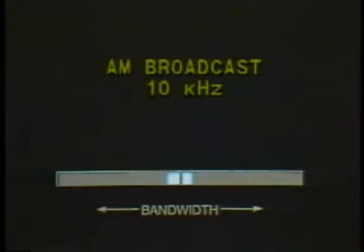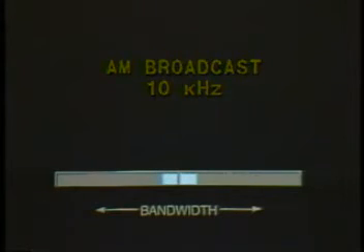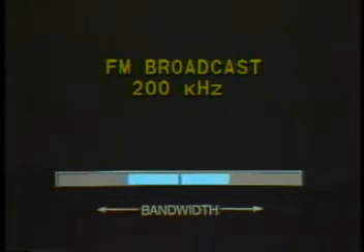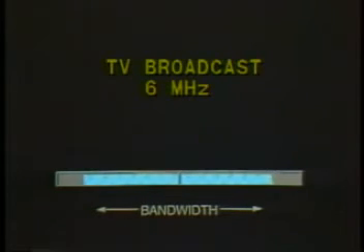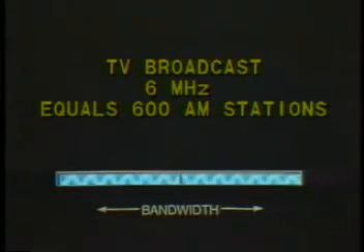AM broadcast radio requires about 10 kilohertz of bandwidth for the information transmitted by each of its stations, while an FM stereo broadcast containing more signal information requires a bandwidth of about 200 kilohertz. Broadcast television, being much more complex than radio, requires about 6 megahertz of bandwidth per station. A single broadcast TV channel thus occupies as much bandwidth as would be required by 600 AM stations.